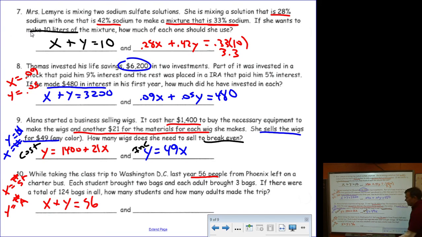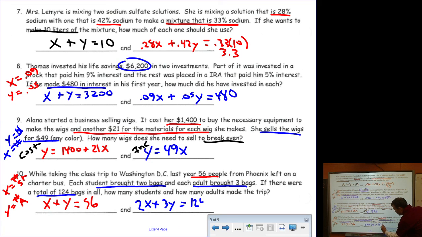I also know that each student brought 2 bags, so 2 times x would be all the bags that the students brought. And 3 times y would be all the bags that the adults brought. And in all, there was a total of 124 bags, so that adds up to 124. That takes care of it.